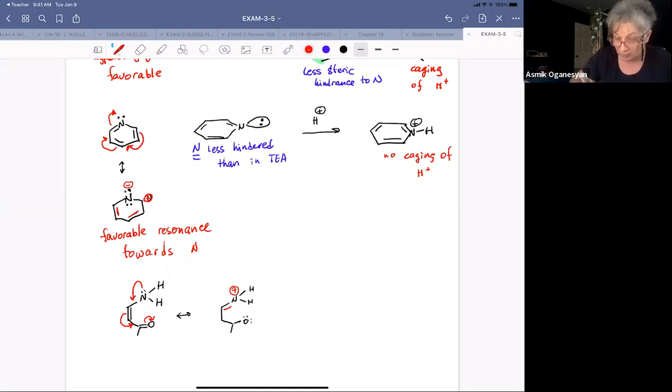My base is gone. A negative charge on oxygen, and that is not going to act as a base. So I've lost the basic properties. Unfavorable resonance away from nitrogen.